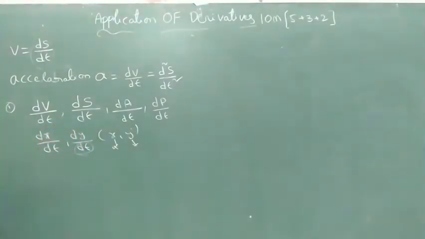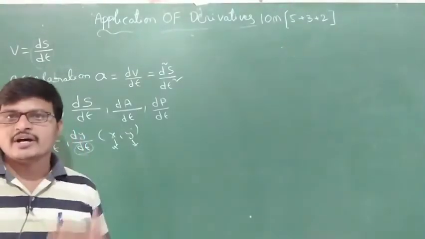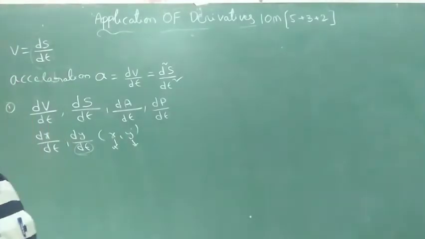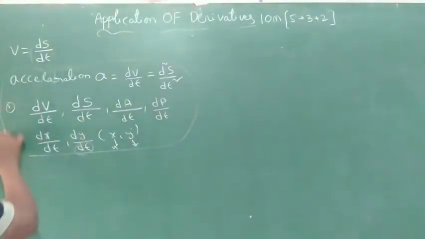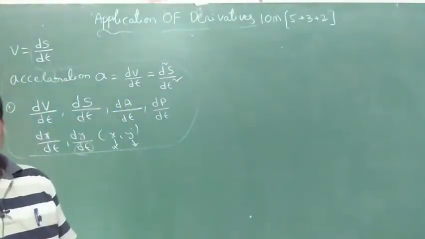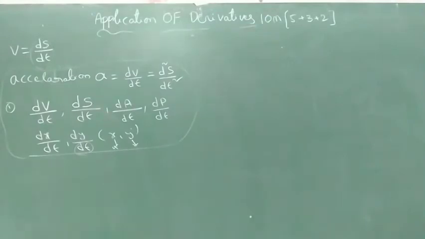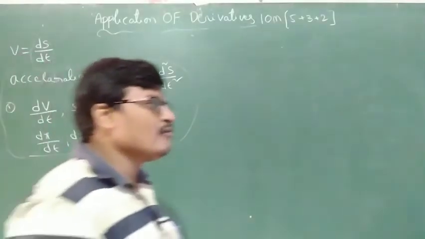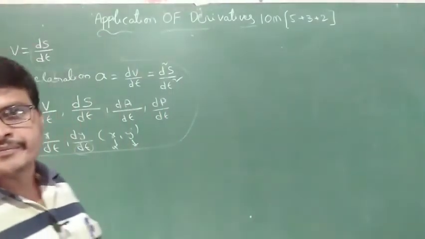It must be by dt compulsorily. So the numerator derivative is with respect to which one, x coordinate or y coordinate, volume, surface area, perimeter, area, anyone. For example, find the rate of change in volume of a sphere.